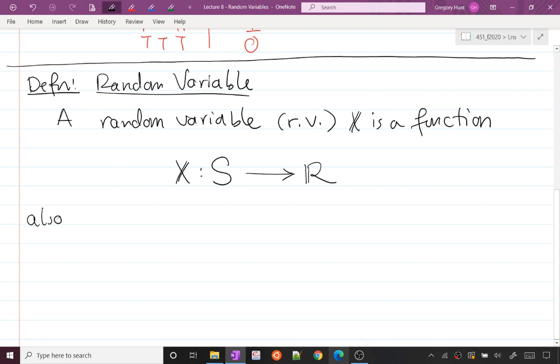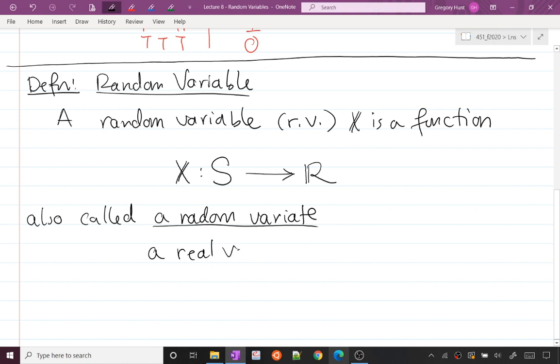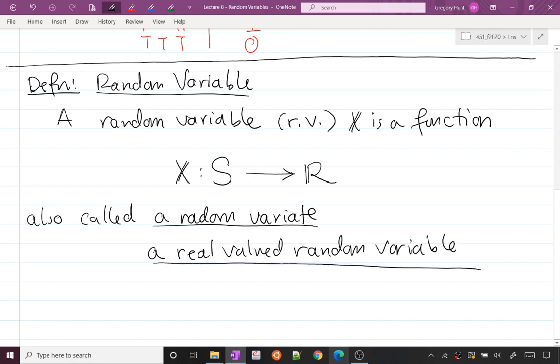A random variable is also referred to in other ways. Sometimes it's called a random variate, or we could say specifically a real valued random variable. The real valued part refers to the fact that we're outputting real numbers.